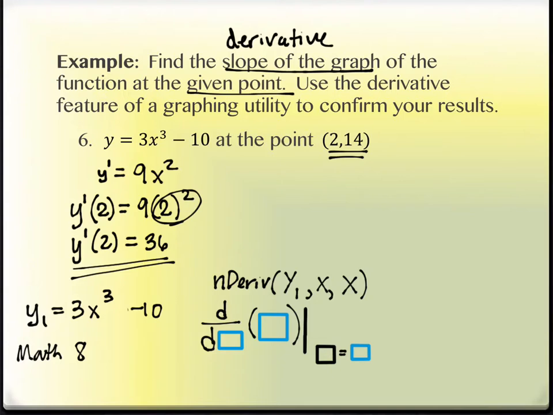y1 can be found underneath the button that says vars. So if you hit the vars button, and this is true for anybody, actually, those of you who have the other notation are going to need this in a minute anyway. So click vars just so you can see where it is. And if you go to the right-hand side to y vars, and then go to the number 1 option, which is function, because we're working with functions, and press enter, you select y1.